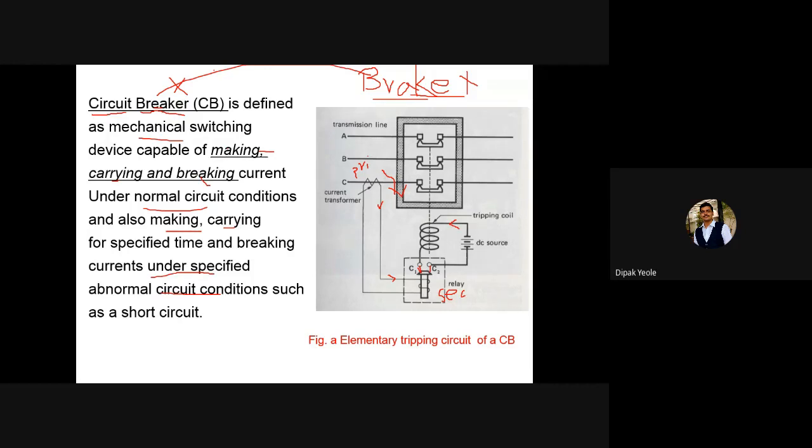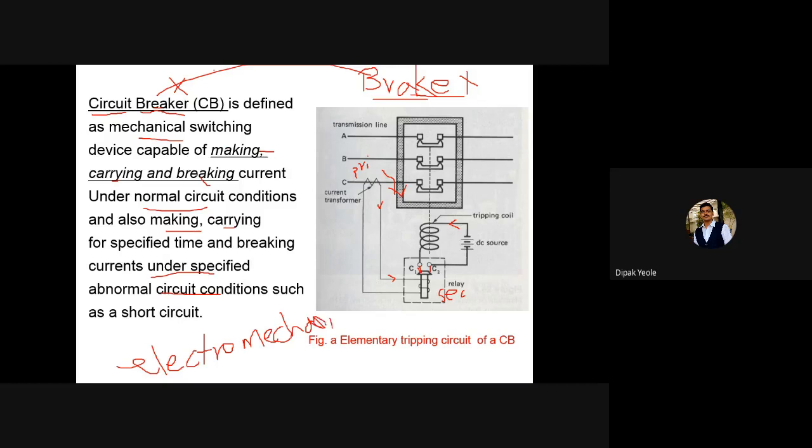So this is called circuit breaker working and circuit breaker principle. There will always be a question asked on what principle the circuit breaker works. It works on the principle of an electromechanical device. How does it work on this principle?